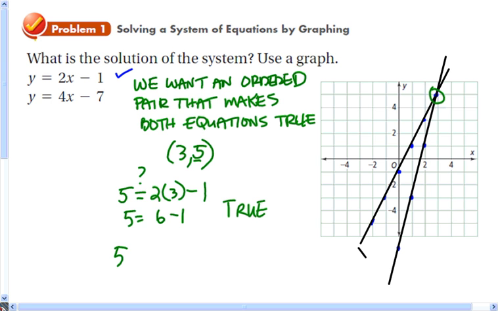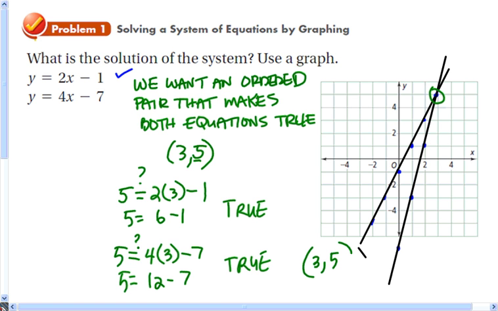So when I substitute 5 for y and I substitute 3 for x, 4 times 3 minus 7, so we get 5 is equal to 12 minus 7. Well, that's also true. So they're true for both, so this is a solution to this system. So we can either say the solution is the ordered pair (3, 5), which means x is equal to 3 and y is equal to 5.